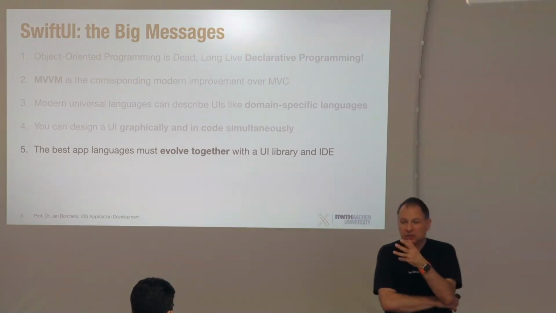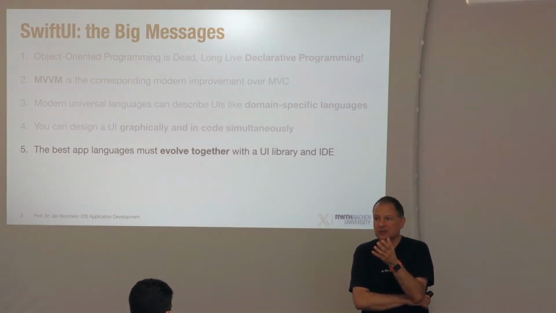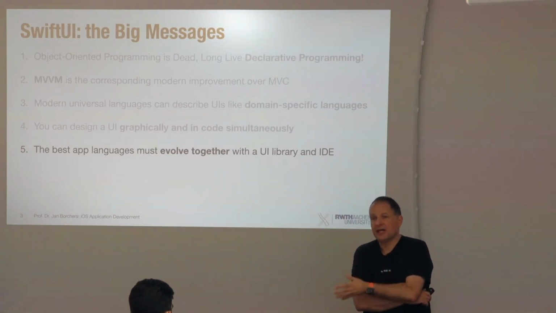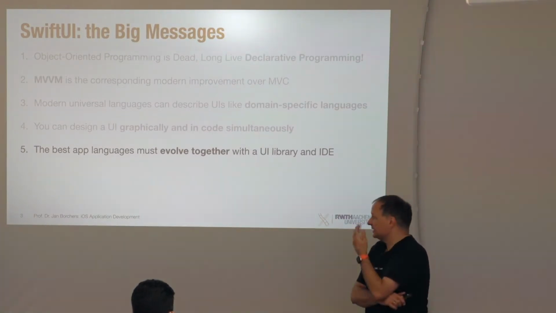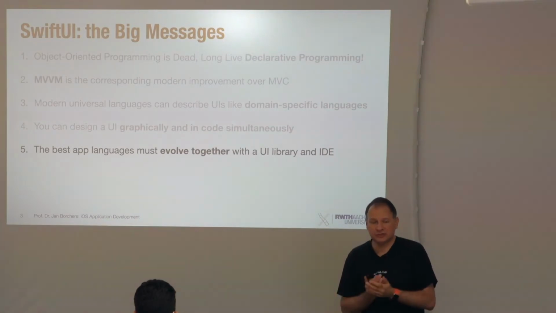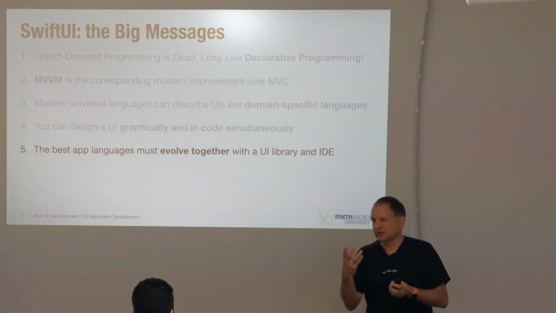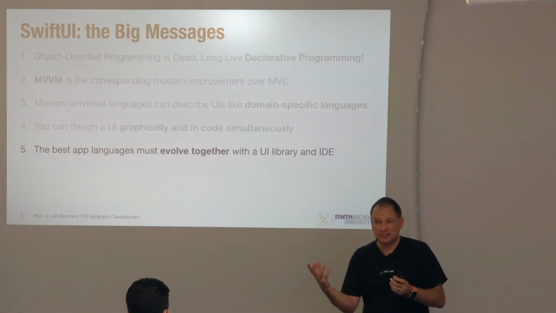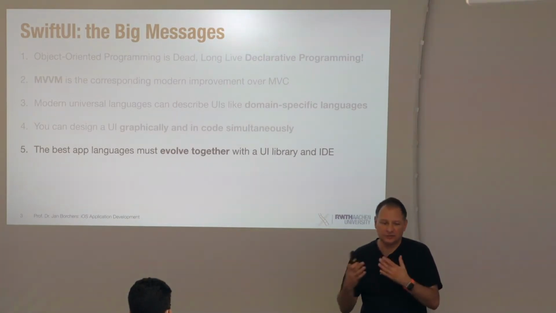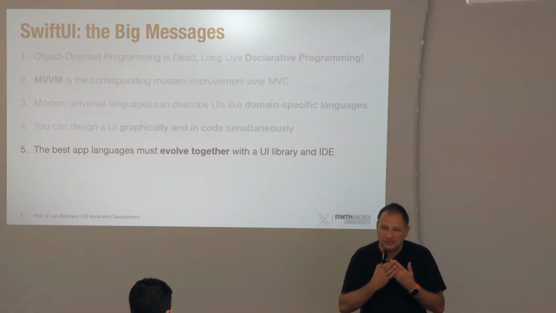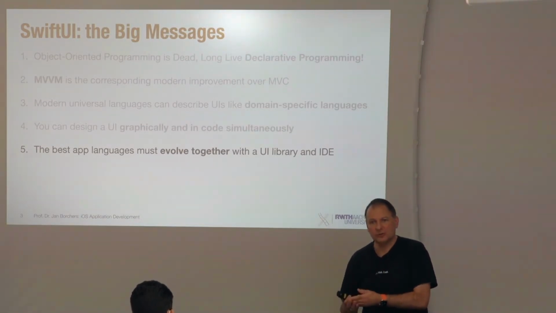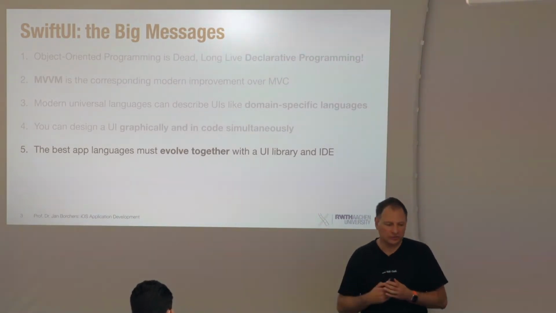A really good language to write applications with has to evolve together with its IDE, and together with its user interface toolkit, because apps are incredibly user interface code heavy. So the user interface toolkit, the IDE to build with it, and the language have to evolve in close lockstep. And that's exactly what's going on with SwiftUI and Swift and Xcode right now.